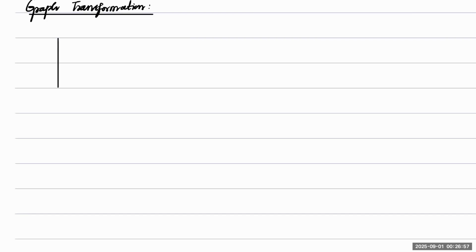Suppose I draw a P versus V graph. First, I'm doing everything for an isothermal process. In that case, the P versus V graph will be like this.